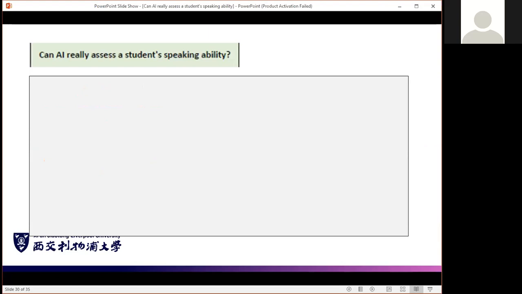So in answer to the question, can AI really assess a student's speaking ability? Well, yes, for very controlled tasks, but it's still open to error at the transcription stage.